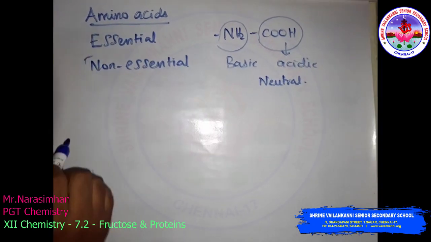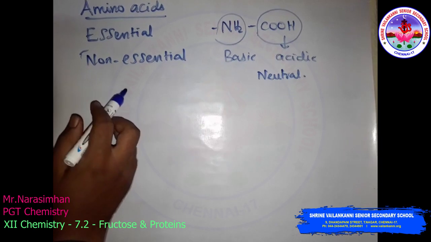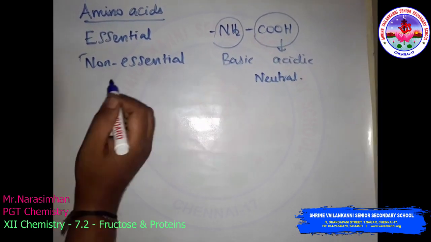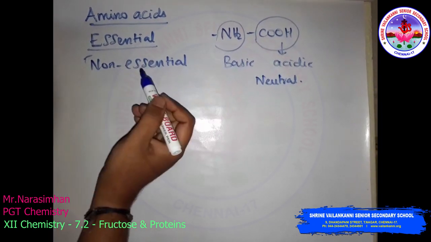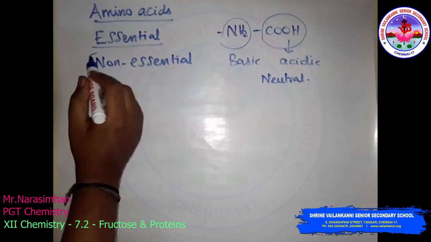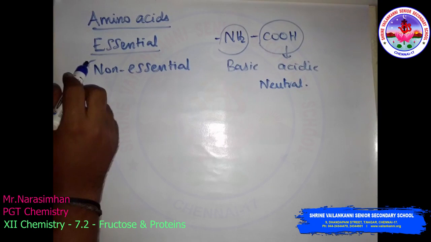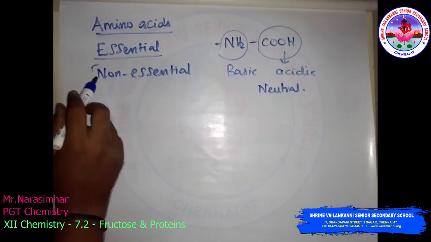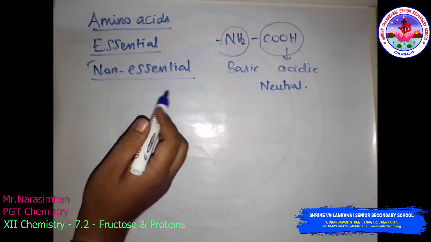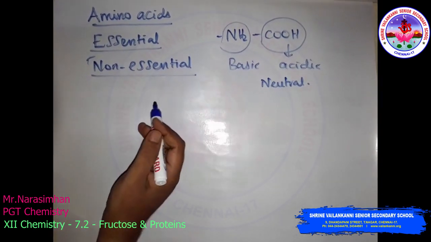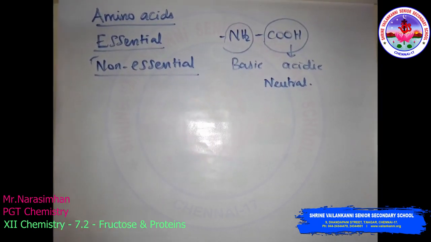Non-essential amino acids can be synthesized in our body. Essential amino acids cannot be synthesized in our body, so we must obtain them through diet. But non-essential amino acids can be synthesized in our body. So this is the classification of amino acids.